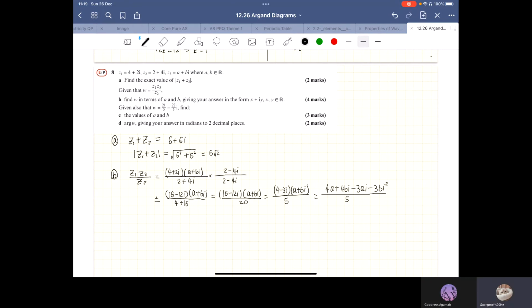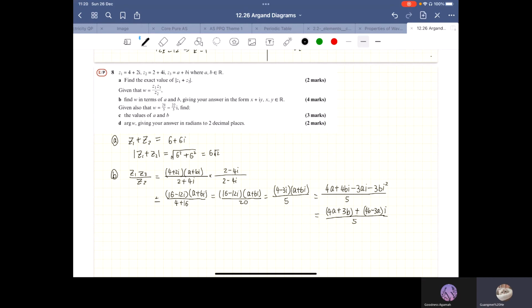Okay, and then let's simplify further. So the minus 3bi squared can be seen as plus 3b, so we can group the real parts together for 4a plus 3b. And the imaginary parts together plus 4b minus 3ai. And the denominator stays.